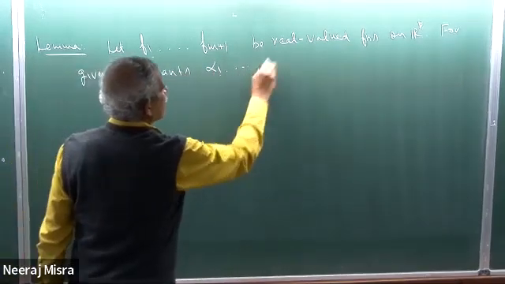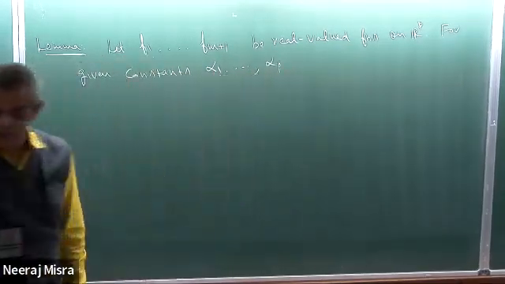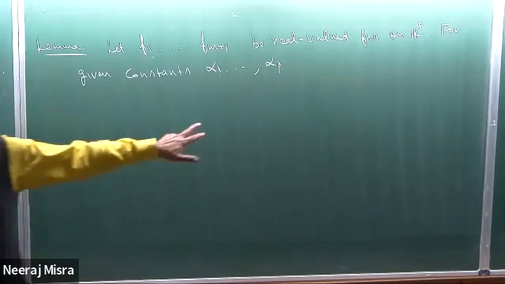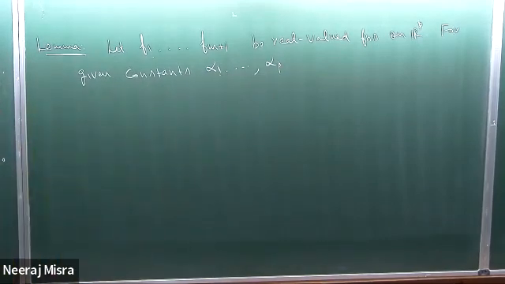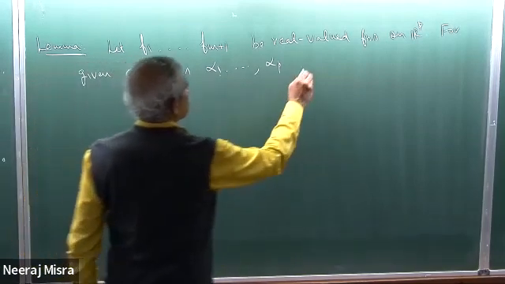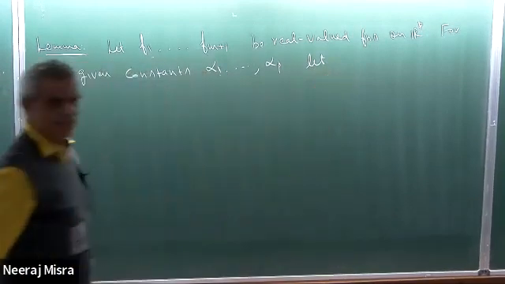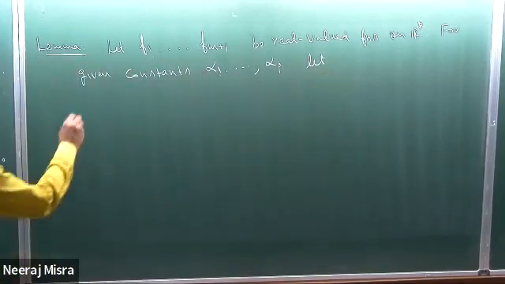For given constants alpha 1, alpha 2, up to alpha m. Note that in the original Neyman-Pearson lemma, these alphas were labeled. I'm not assuming anything about the alphas. They are just any constants, right? Let me consider two classes of test functions.